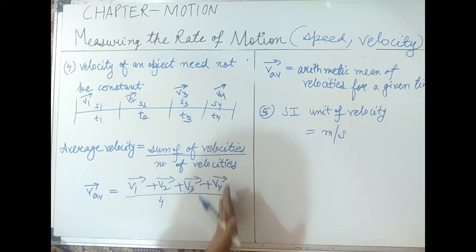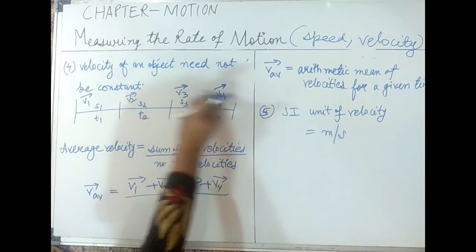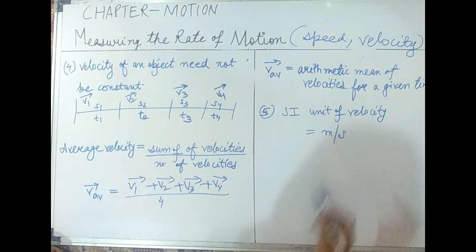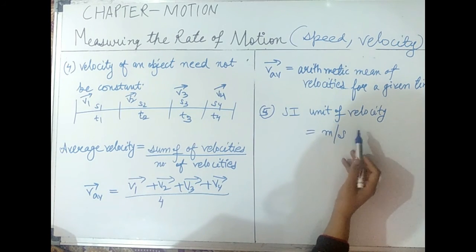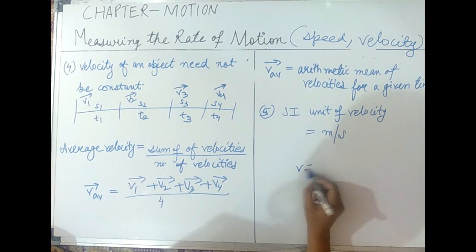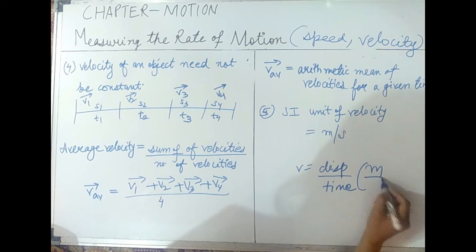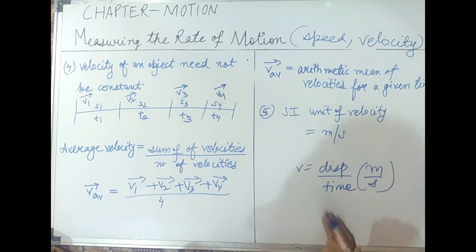Here we have taken the arithmetic mean of all the velocities, divided by the number of velocities. And the SI unit of velocity is the same as that of speed, meter per second, because velocity is displacement upon time, that is meter per second. So the SI unit is the same.